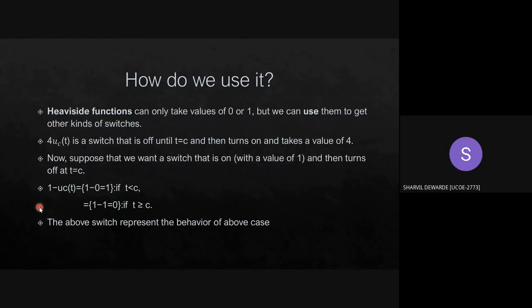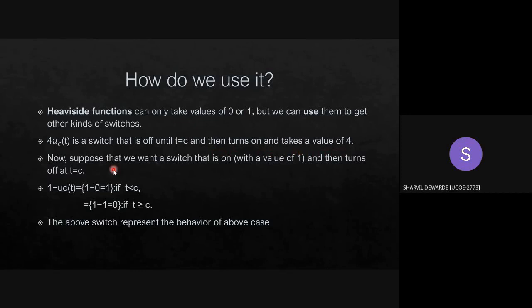Since the Heaviside function is a special type of function, it takes only two values, 0 and 1. But we can get other kinds of values by using other switches. Let us see how. Consider a switch for the unit function of t that is off until t is equal to c, and when it is turned on, it takes a value of 1.